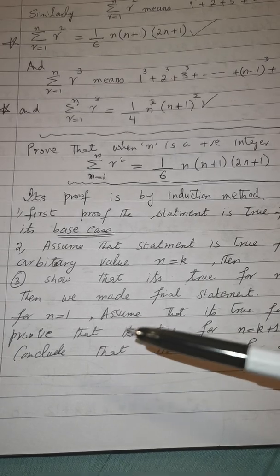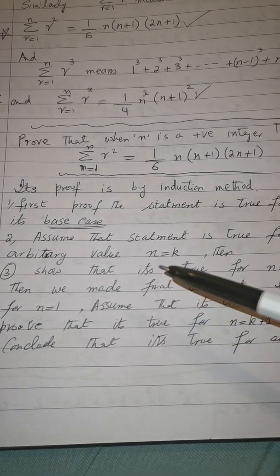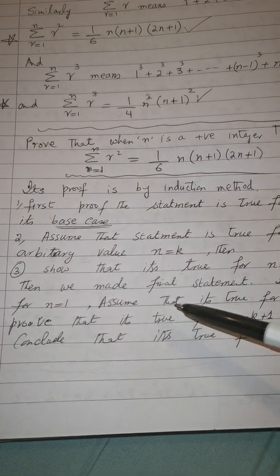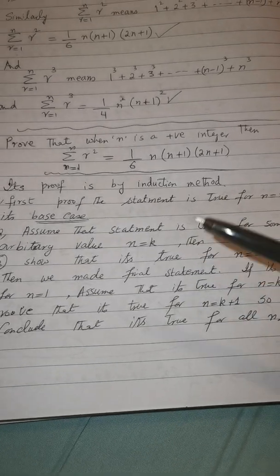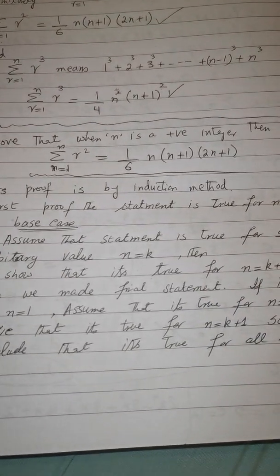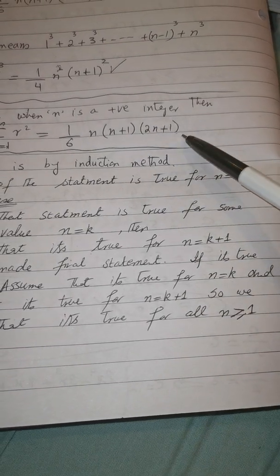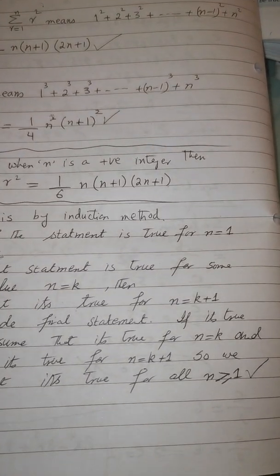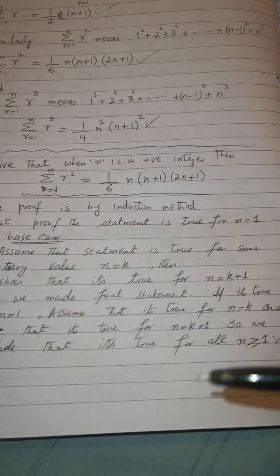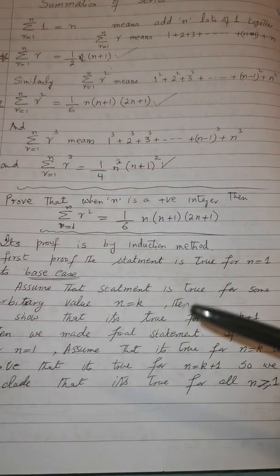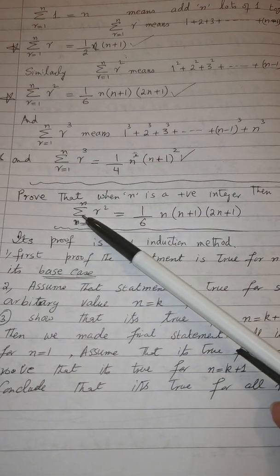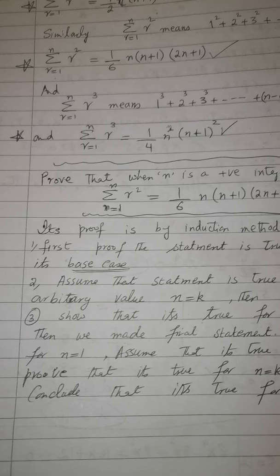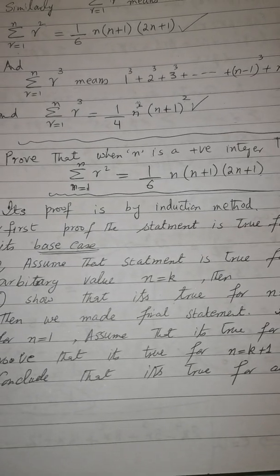Then we assume that the statement is also true for n is equal to k, and then we show that the statement is true for n is equal to k plus 1. This will conclude that this statement is true for all n greater than or equal to 1. So in this way, this is called the induction method, and by using the induction method we will prove that this statement is equal to this statement, right? And next we will do its proof by induction method.